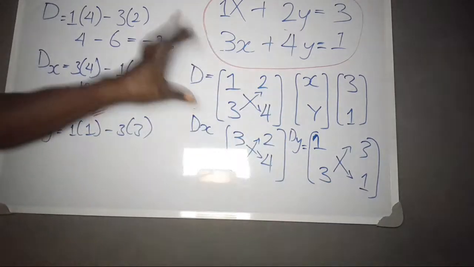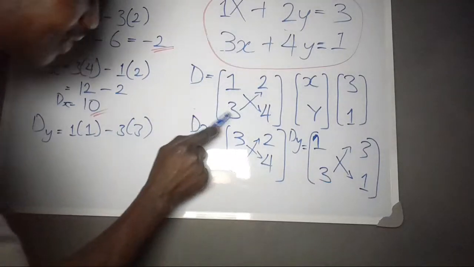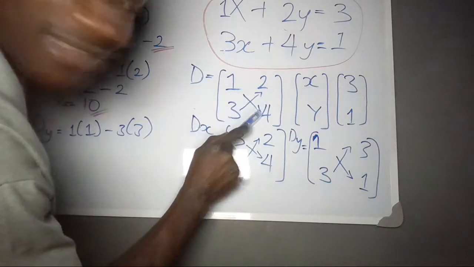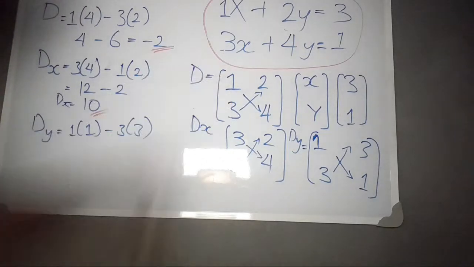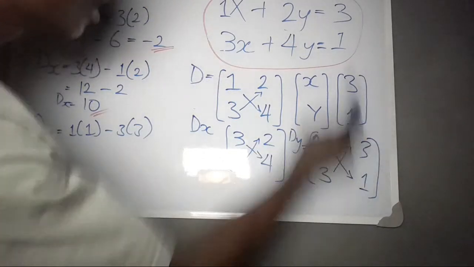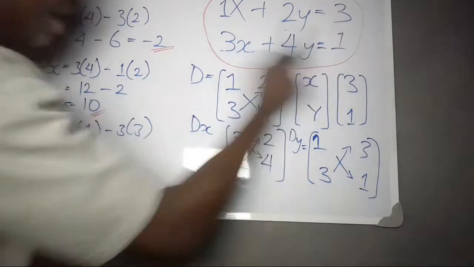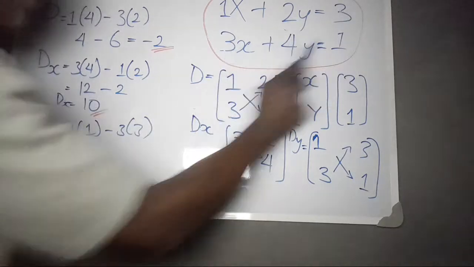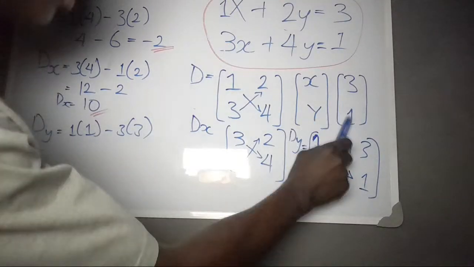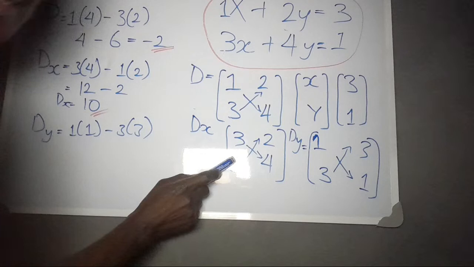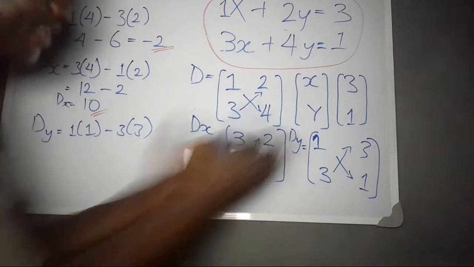Now this matrix here, which is the D, this coefficient are for x and this coefficient are for y. So now when we're looking for the determinant of x, the coefficient of x was switched with what the equation is equated to, which is 3 and 1. So what the equation was equated to was what we substituted with the coefficients of x, which is this. Now, the same thing is applicable in the case of y.